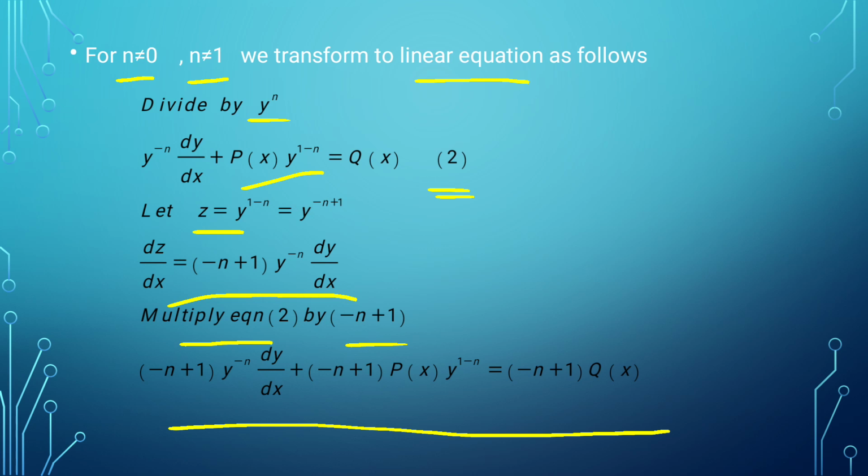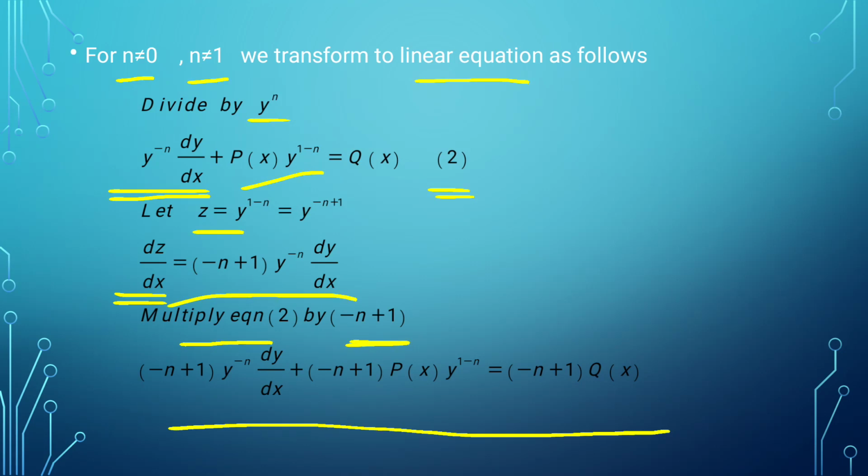The reason we are multiplying by this (negative n plus 1) is that we want the part with dy/dx to fit in a way that we can substitute it with dz over dx.